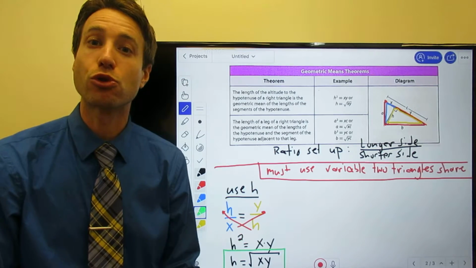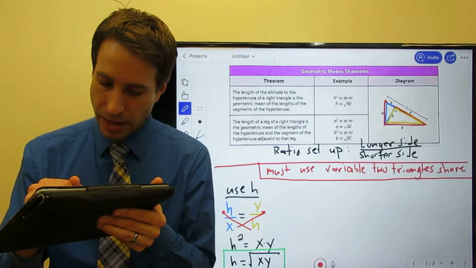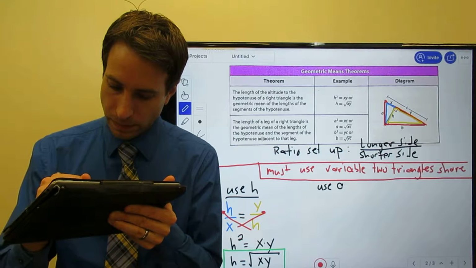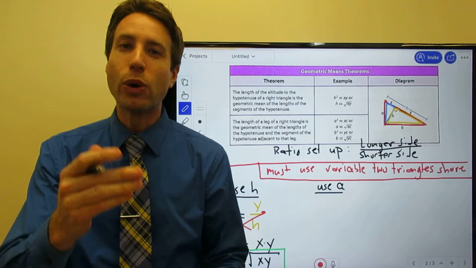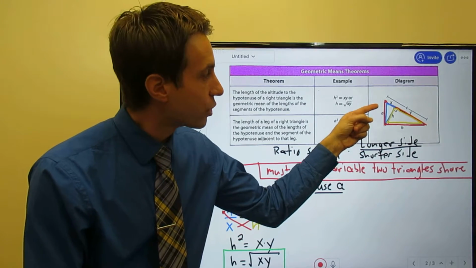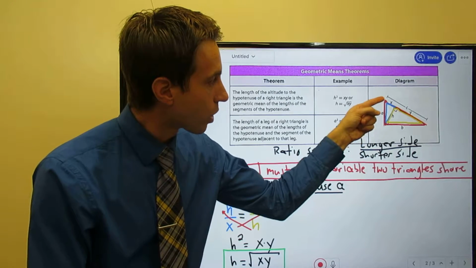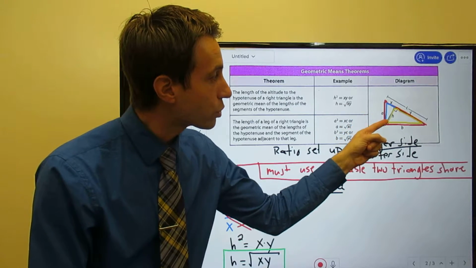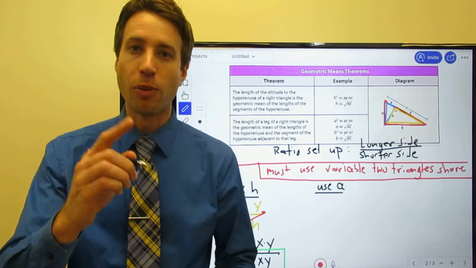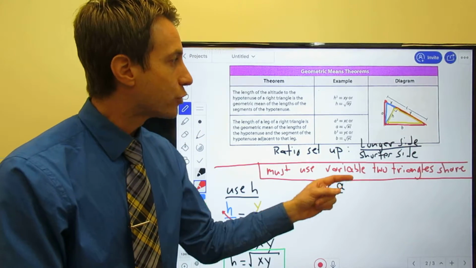A side that two triangles share. How about A? Which two triangles share side A? Well, please notice side A is in my red triangle, and side A is also in my blue triangle. So here we go. First, the red triangle.